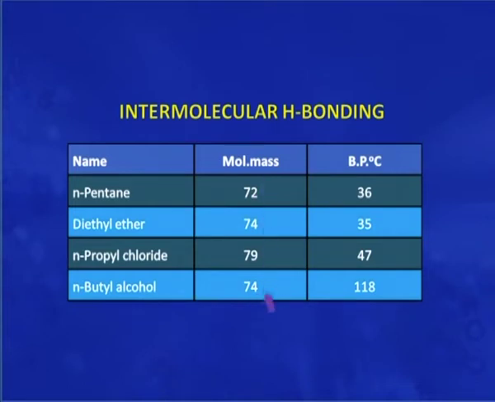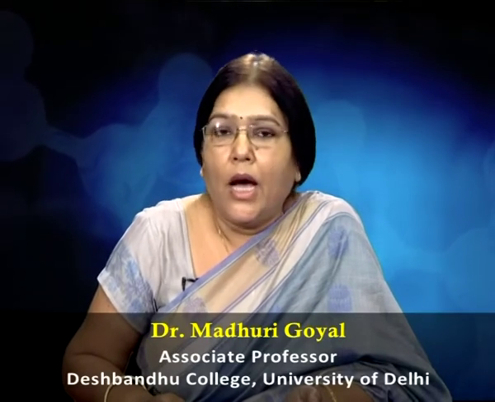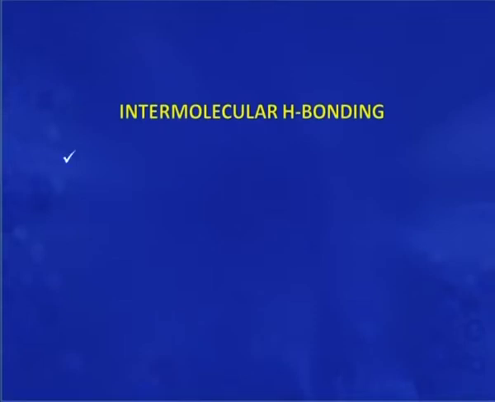But when you look at the boiling points of these molecules, you will find that normal butanol has a very high boiling point as compared to the other three molecules. The reason behind it is the association due to intermolecular hydrogen bonding in the case of normal butyl alcohol, which is not possible in any of the other molecules.